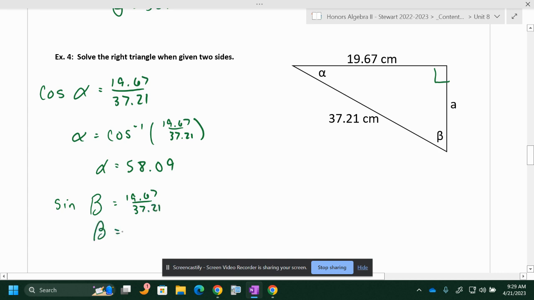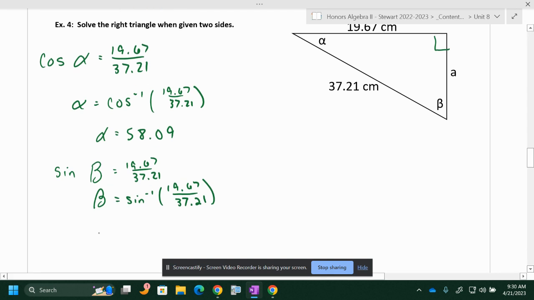So beta is equal to the inverse sine of 19.67 over 37.21. And that'll make it so beta is 31.91 degrees.